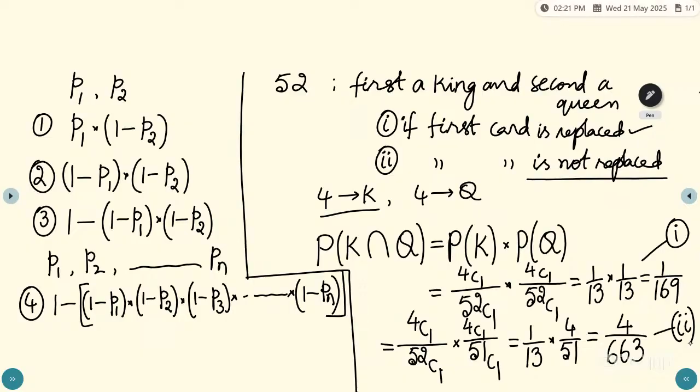Most of the times, you won't be told directly whether they are dependent or independent events. That you have to identify. If everything is given, your brain will do nothing, so you have to think about it. Is it clear? Has everybody written? All are not responding.